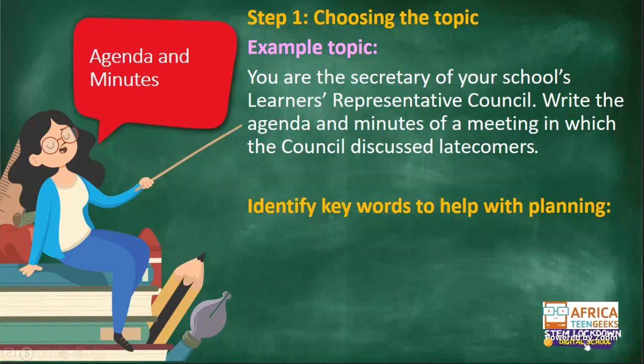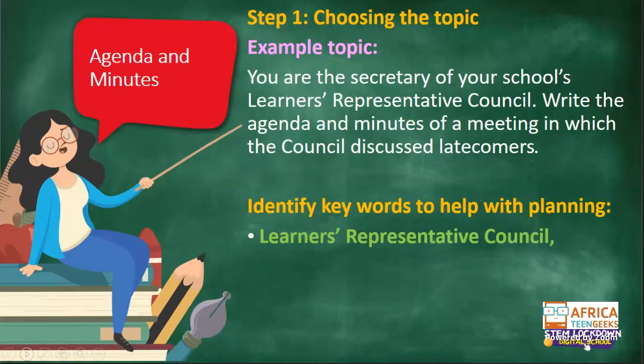We have Learner Representative Council. You need to know that when you are writing these minutes, you are part of the Learner Representative Council. So if you said that, that was correct. Agenda. What's important is you need to know as you read this topic that you're supposed to plan for an agenda and minutes.